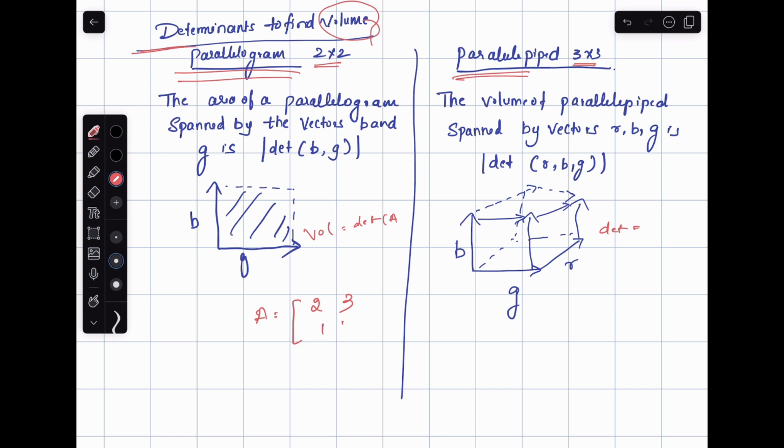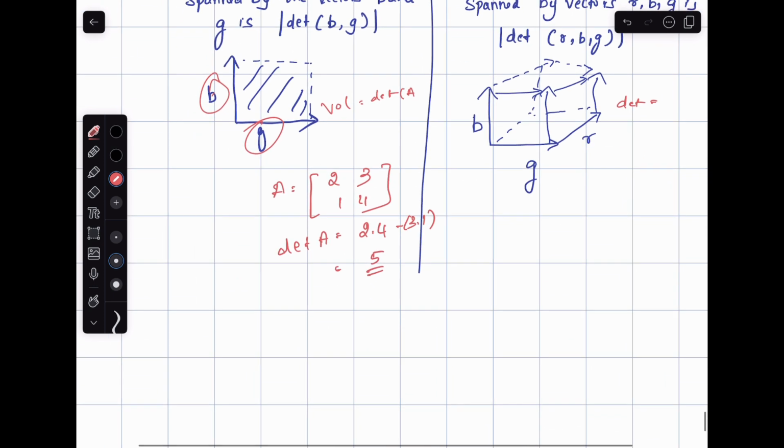Suppose you have an example for 2 cross 2. What is the volume of this? You are finding the determinant of those vectors. So it is 2 into 4 minus 3 into 1, and you get the answer as 5.